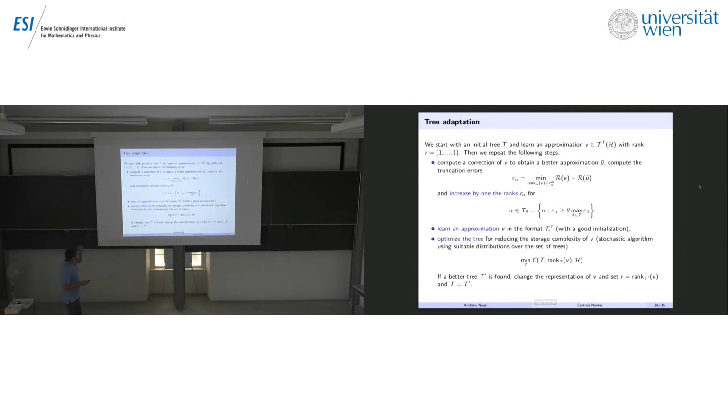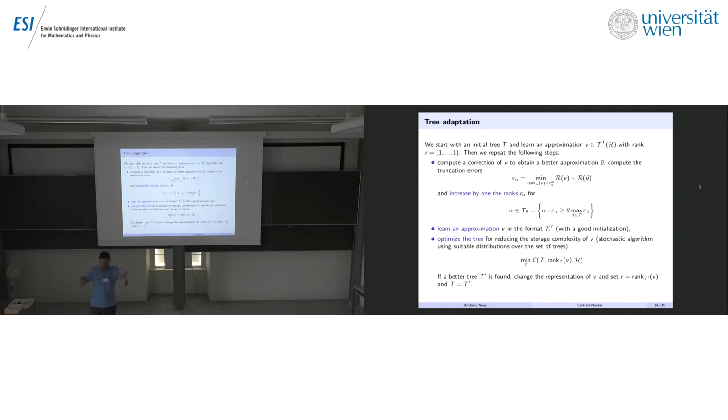So the way we do it is that, in fact, we will use a procedure that adapts ranks and trees simultaneously. We start with a certain tree, an approximation with a low rank, in fact, a rank 1, 1, 1, 1, 1, very coarse approximation, and then we repeat the following steps. First, we enrich the ranks using the strategy I have presented before.